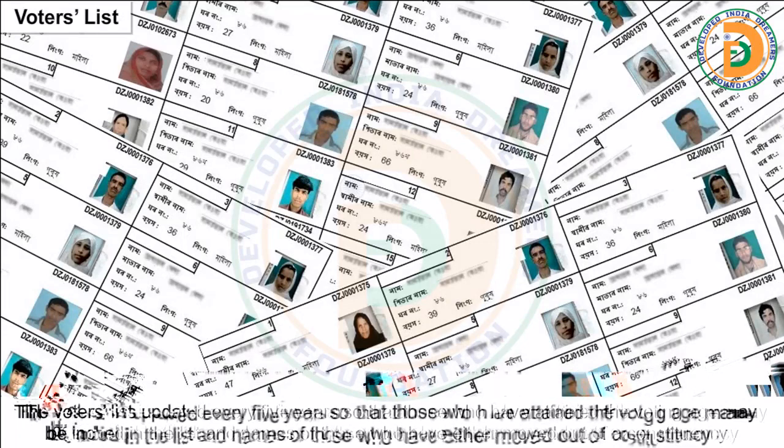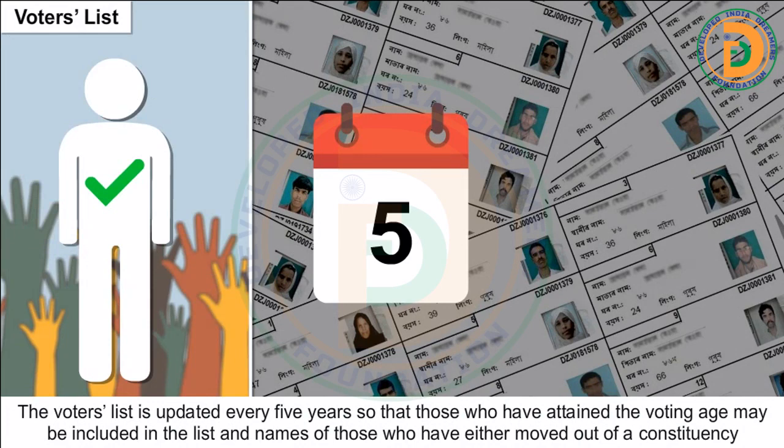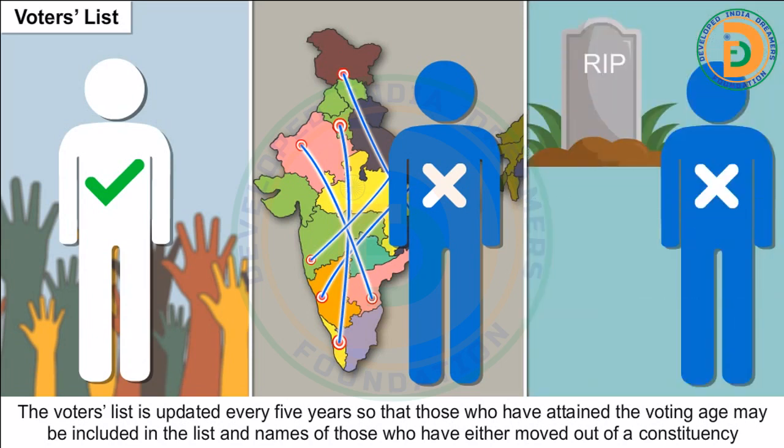The voters list is updated every 5 years so that those who have attained the voting age may be included in the list, and names of those who have either moved out of a constituency or those who are dead may be deleted.